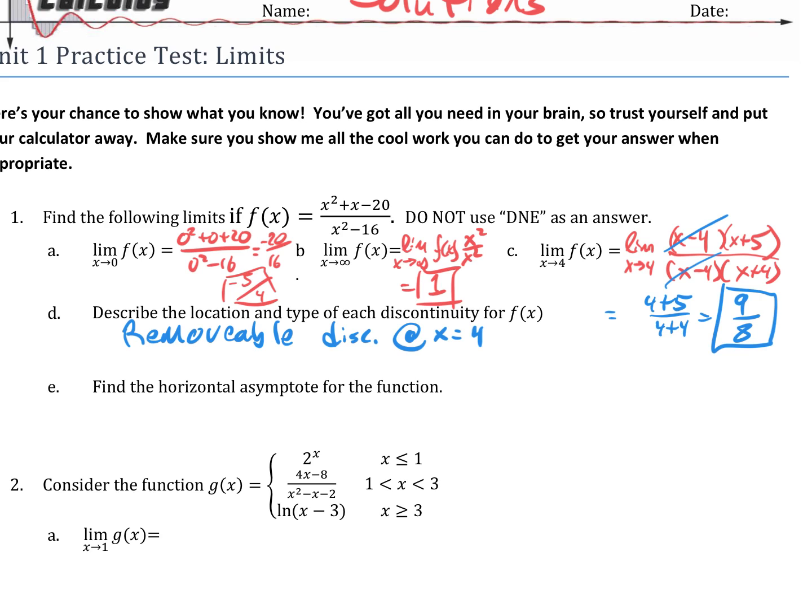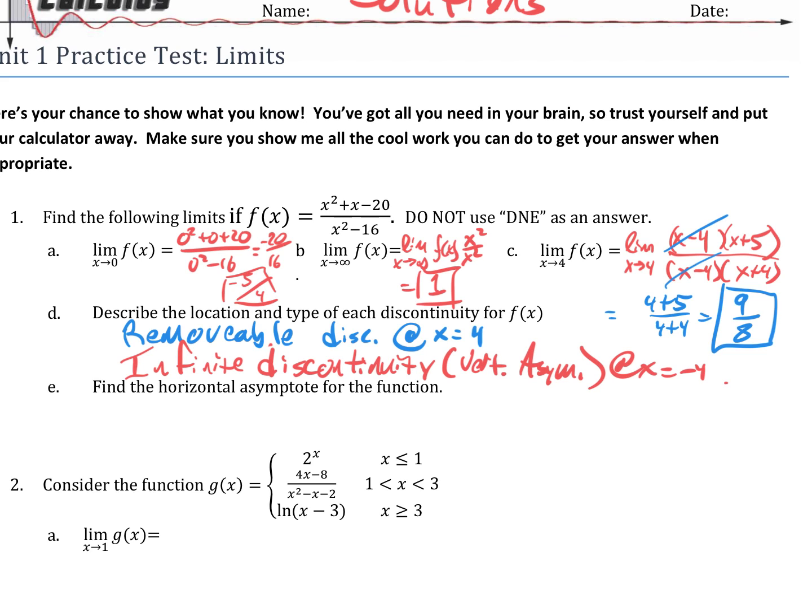So we're going to have an infinite discontinuity, which is a vertical asymptote at x equals negative 4. Okay, so two types of discontinuities there in that function.